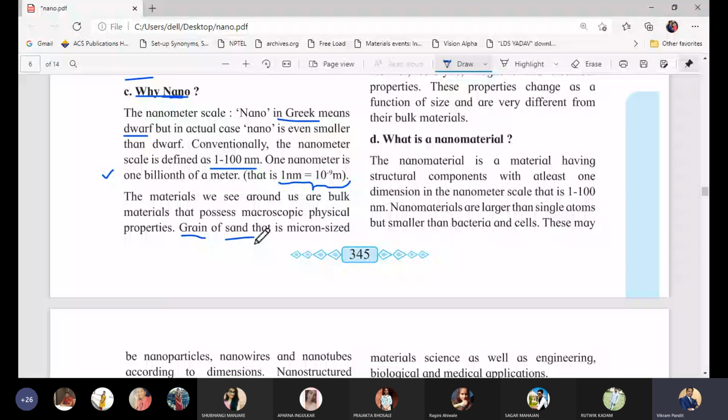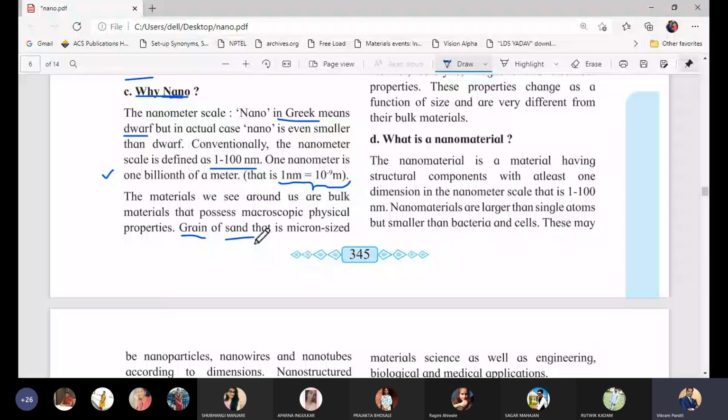So what is a nanomaterial then? A nanomaterial is a material having a structural component of which at least one dimension is in the nanometer scale. That is the very clear definition here. There are 1, 2 and 3 dimensional things.